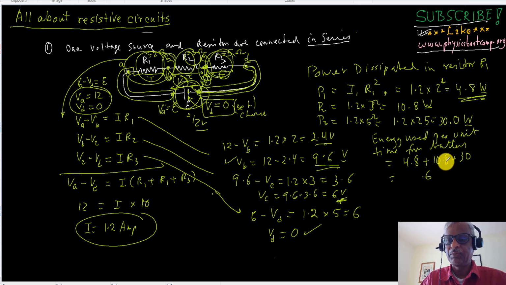So you have 40, 44, and 45.6 watts. That's how much chemical energy inside the battery is being used per unit time. So this is the same as 45.6 joules per second.